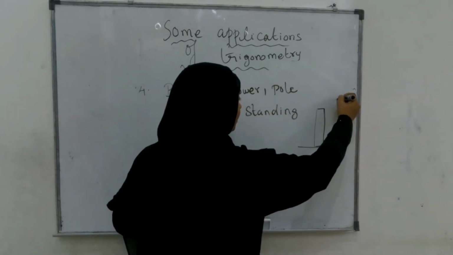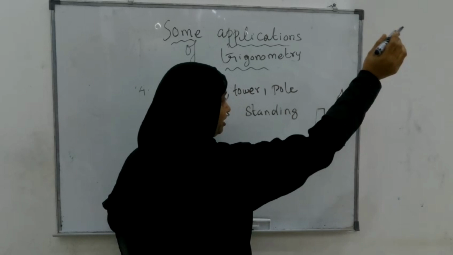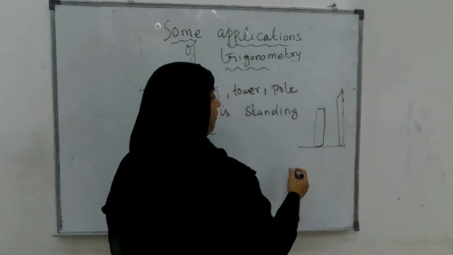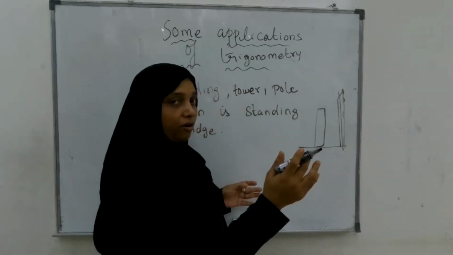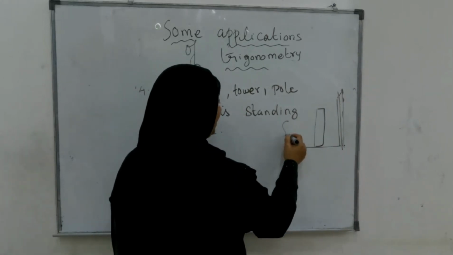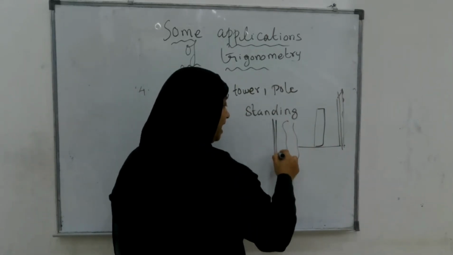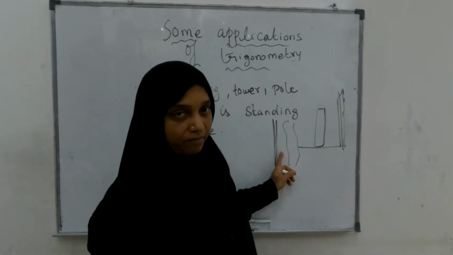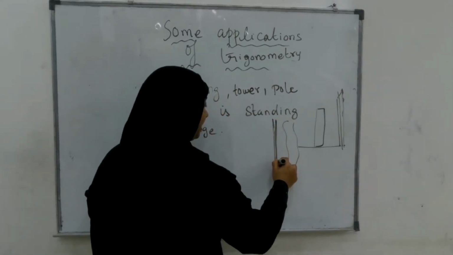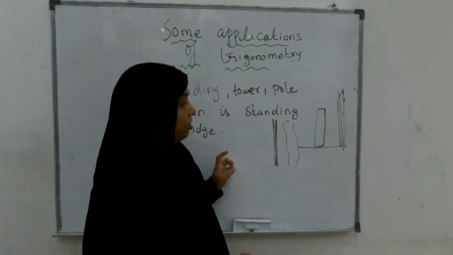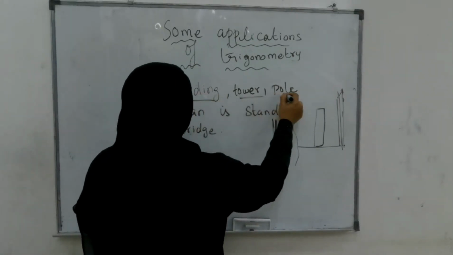Wherever you see towers, they are straight, standing erect. The shape may be like this or like this, whatever it is, but it is standing. If anything is standing, you represent it with a straight line. So this applies to building, tower, pole.